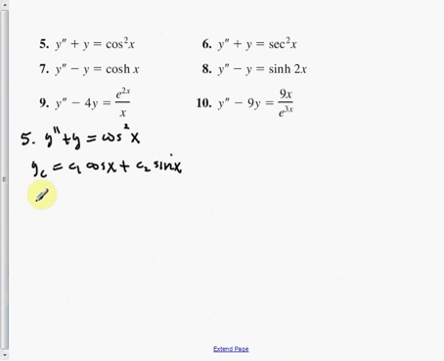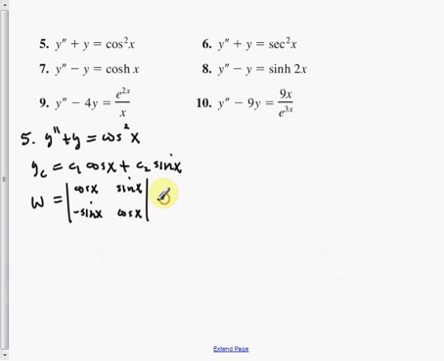And so, I don't know if I have to write everything out or can we just write the Wronskian? W, this is cosine x, its derivative is negative sine x. The second part is sine x here, its derivative, cosine x.